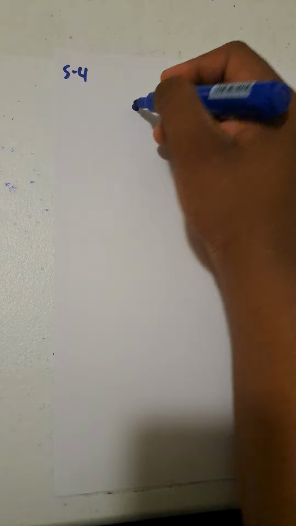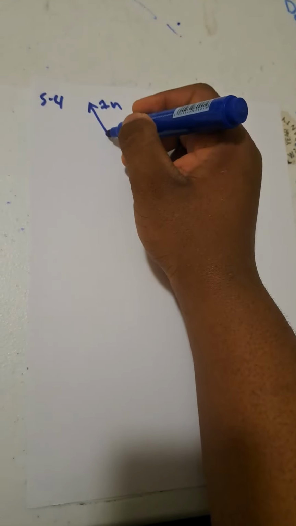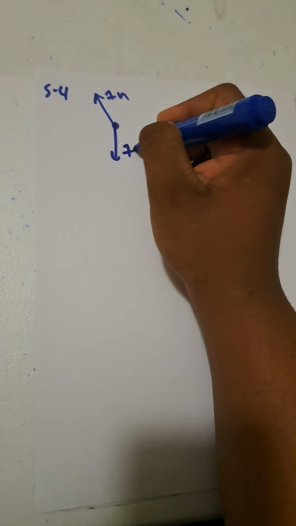Now I'll have my normal force there, right? And then what is going to be my second force now? So now let me simply put my Fg there, or you can choose the other one now.